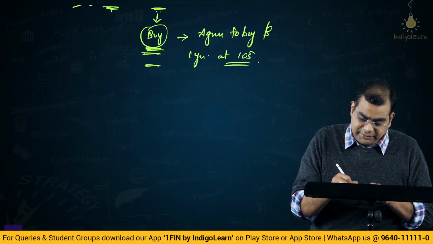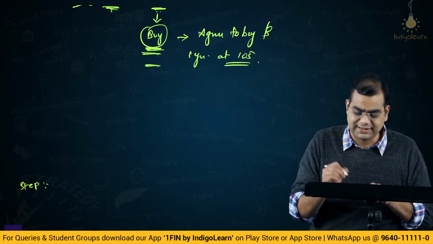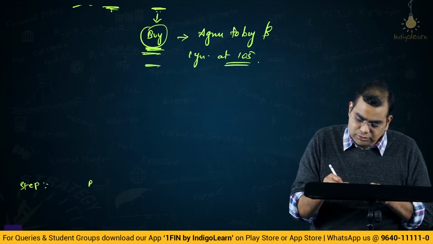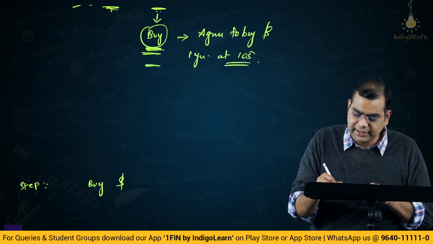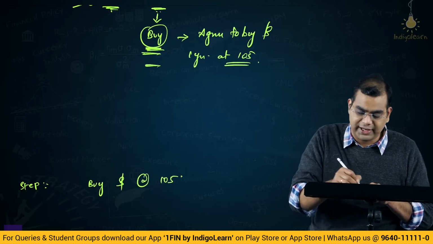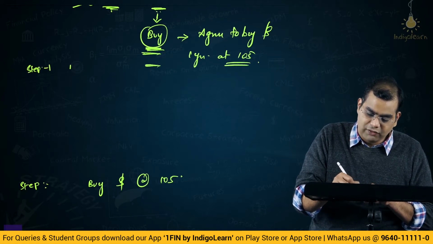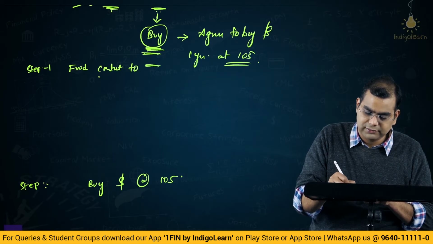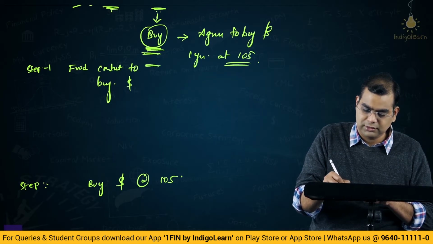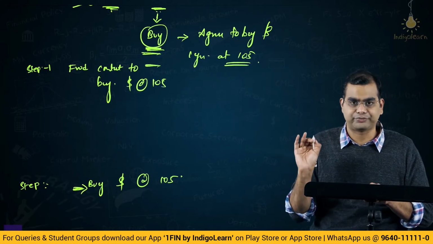So, let me start from the last step. I will not write the number, but this is the last step. Okay, so you buy dollars at 105. This is a pre-decided contract. So, you are entering into step 1, a forward contract to buy dollars at 105, and you are executing that on the last day, correct?